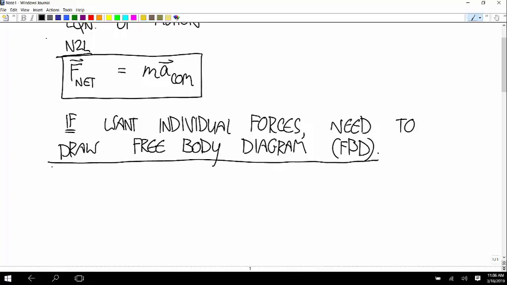Now, anytime you use Newton's second law, you need to draw a free body diagram.